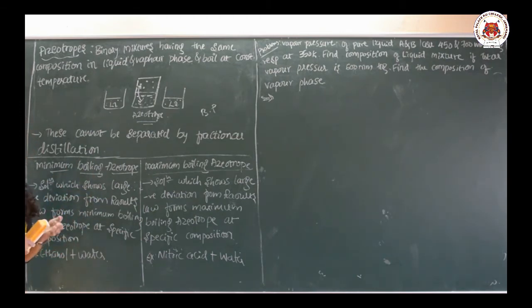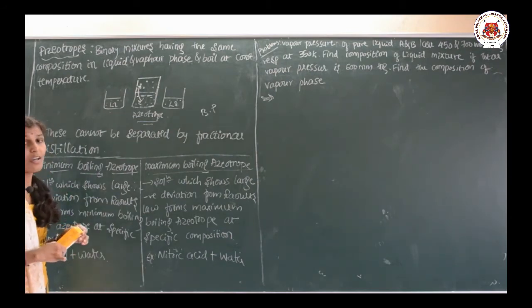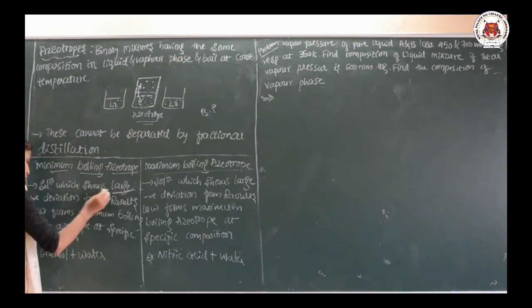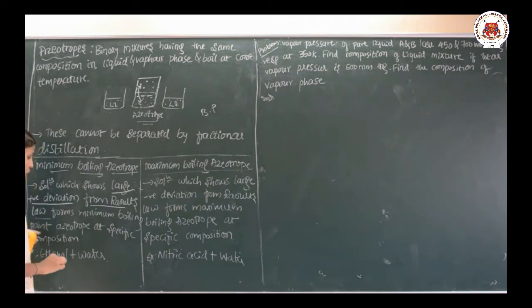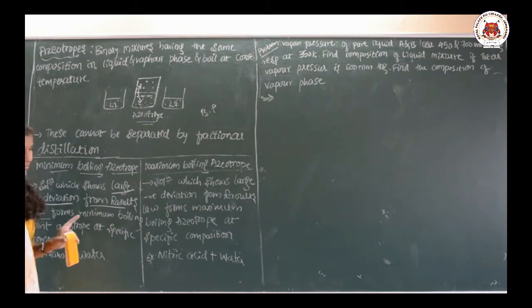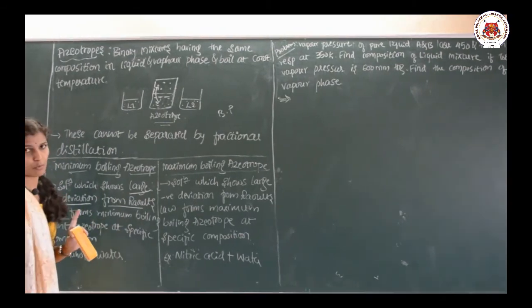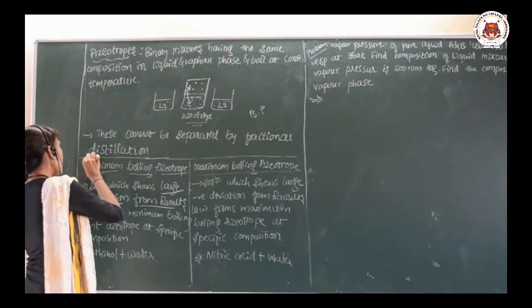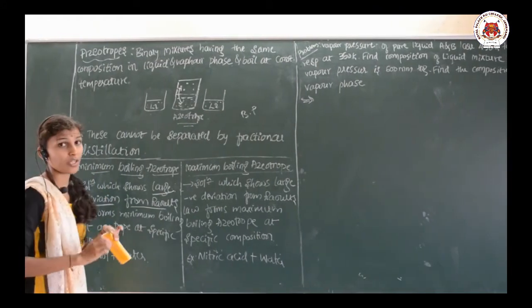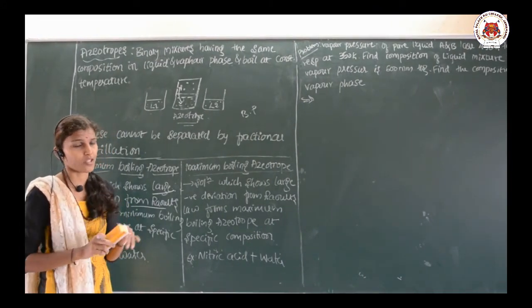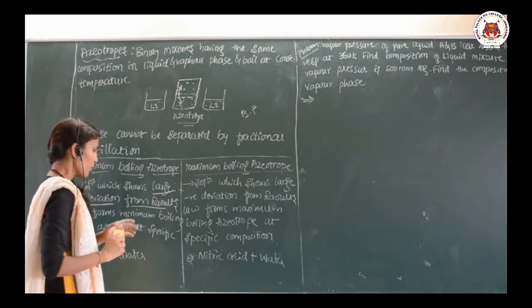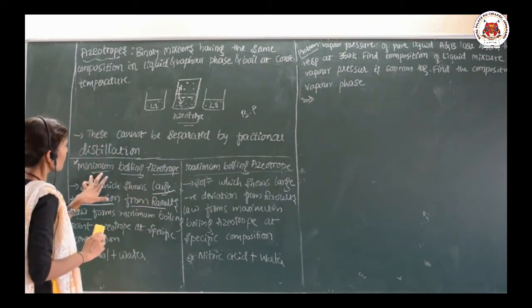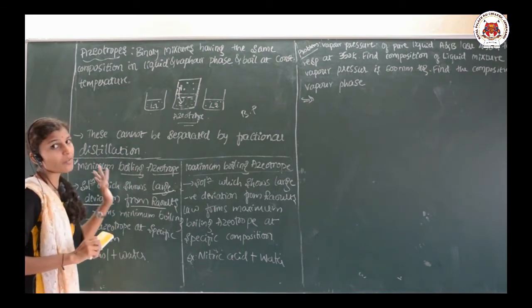The solution which shows a large positive deviation from Raoult's law will form the minimum boiling azeotrope at a specific composition. Okay. Such a solution becomes a minimum boiling azeotrope.